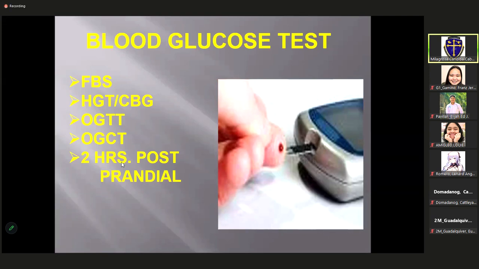So, as you receive the blue ticket, guys, no? Na meron kang ganito na procedure. When you do your rounds, if you are assigned to this particular client, you would instruct the client not to eat from 9 in the morning until you perform your CBG.